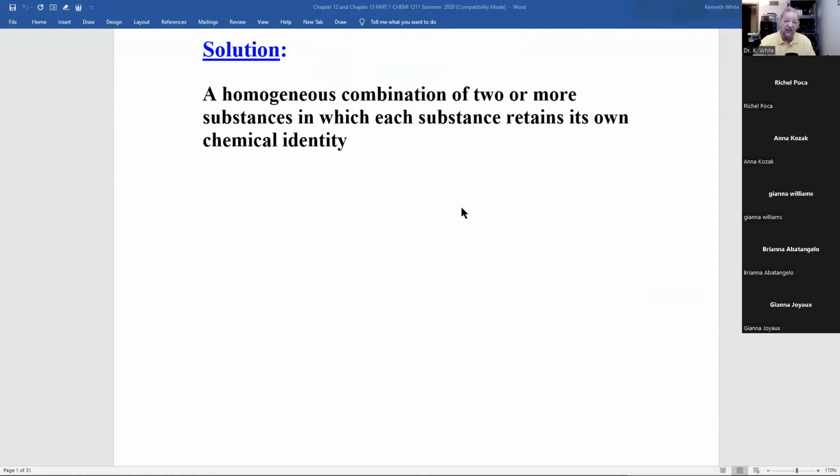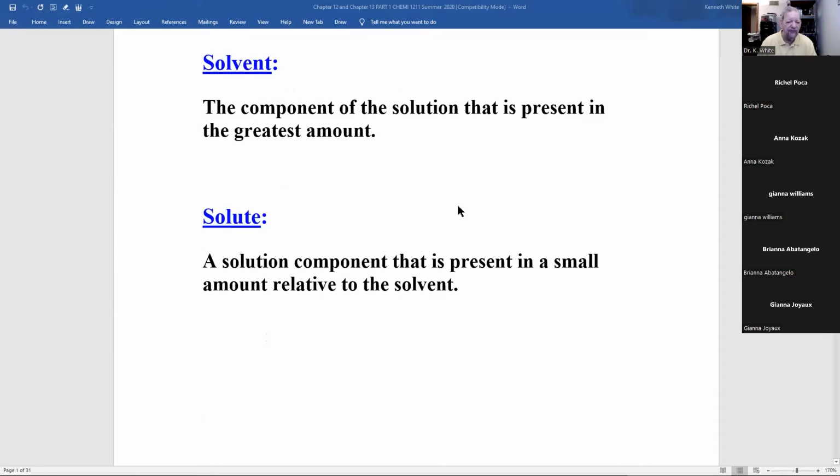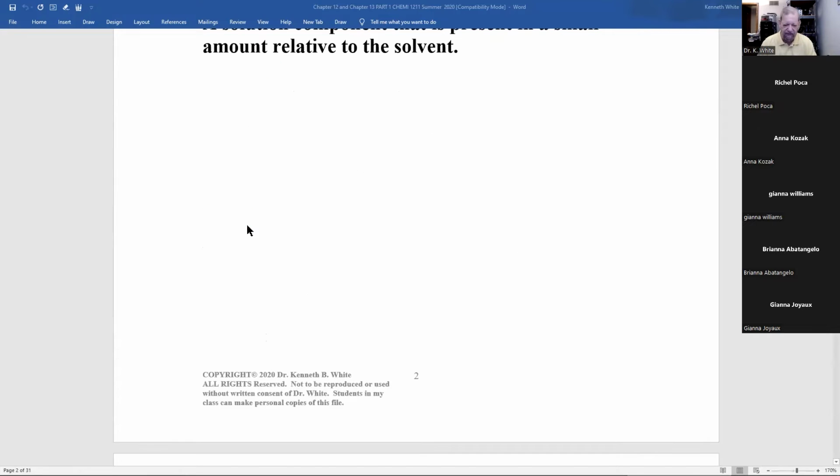Or if you go by a gas station, the gasoline they're selling is a complex solution, a lot of components. The air you're breathing right now is a solution. Remember, in a solution, the solvent is the component that's present in the greatest amount, and all other components are called solute.